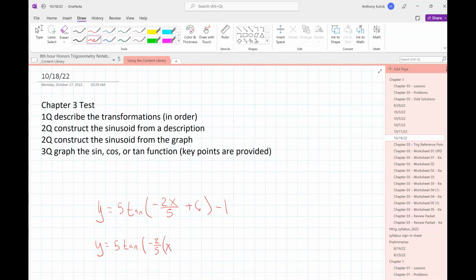So what is 6 divided by negative 2/5? 15, right? Because we're just multiplying by the reciprocal.